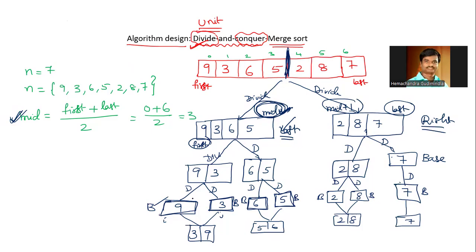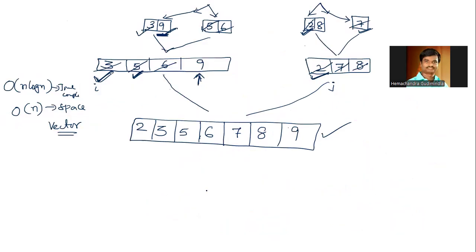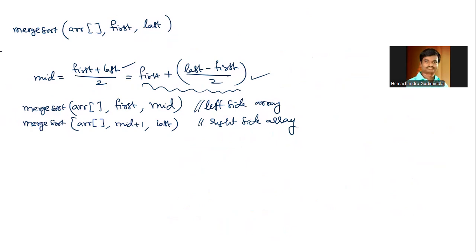So now what we are going to do here: in the merge sort, if first index is greater than or equal to last index of a, what does it mean?